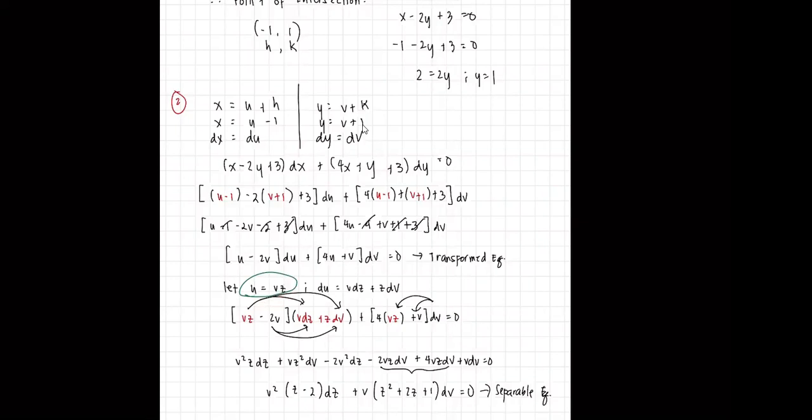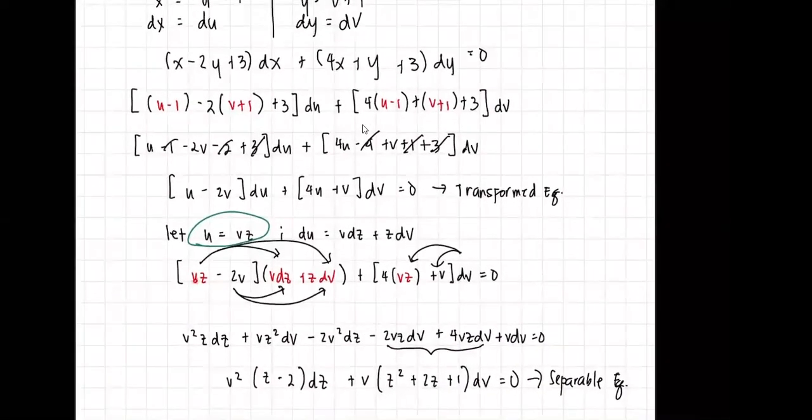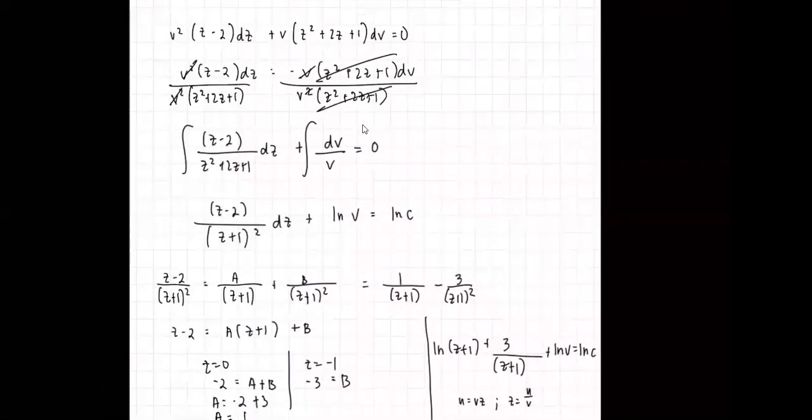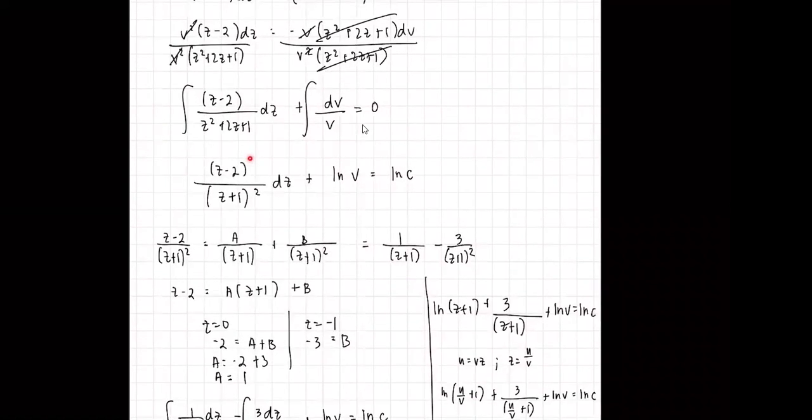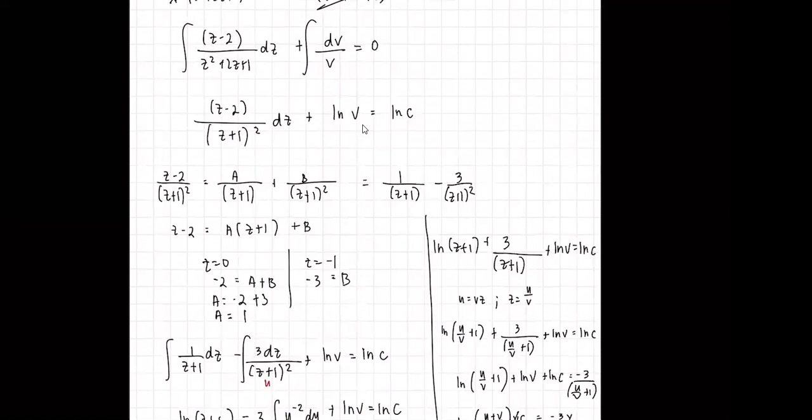Okay? Then, performing that, nag-arrive tayo sa separable equation na to. So, kung separable yung equation, we can now use integration para ma-simplify yung given differential equation. So, nagkataon dito na yung given nating isang term is naka-rational function. Kaya kailangan i-decompose o partial decomposition or partial fraction.